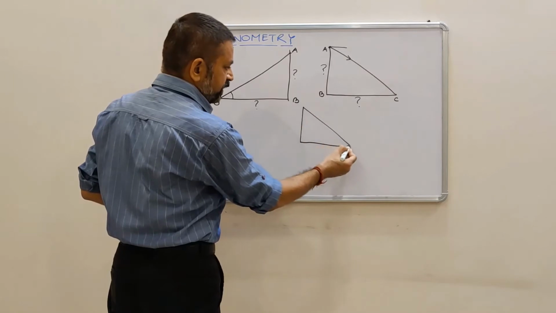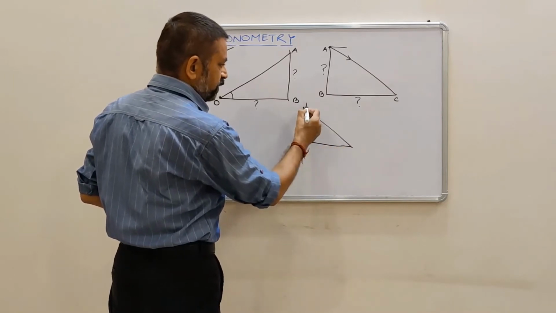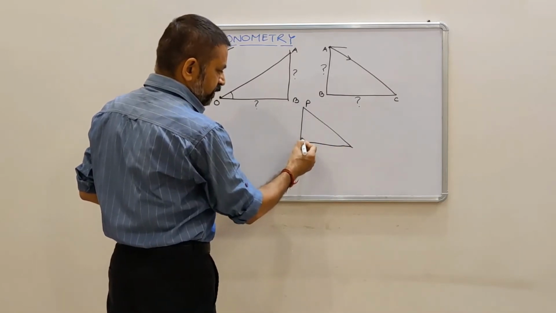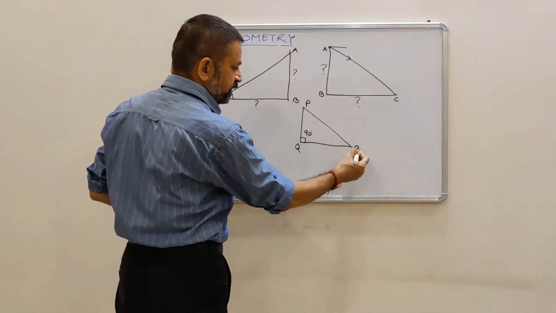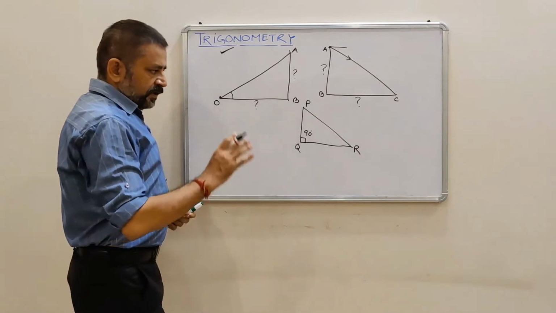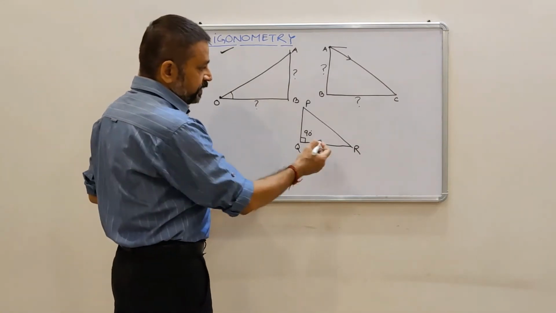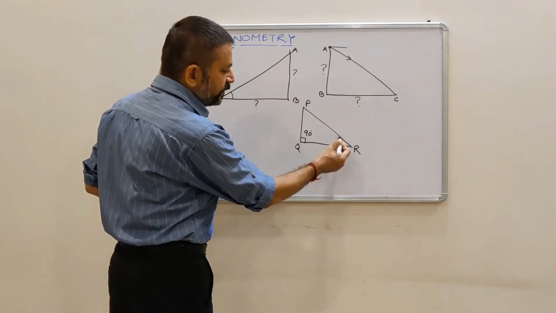I'm giving it a name, say PQR. It's right angle at Q. This angle is 90 degrees and this is say R. First of all, you need to make one thing clear.